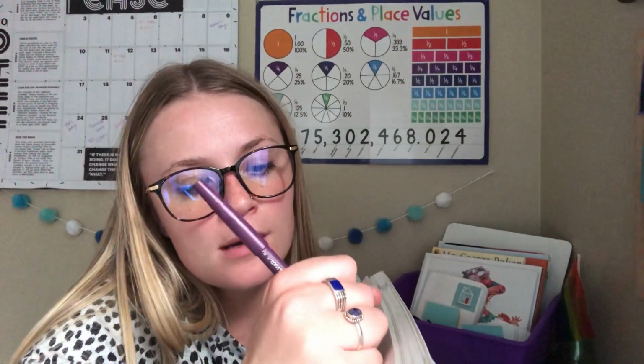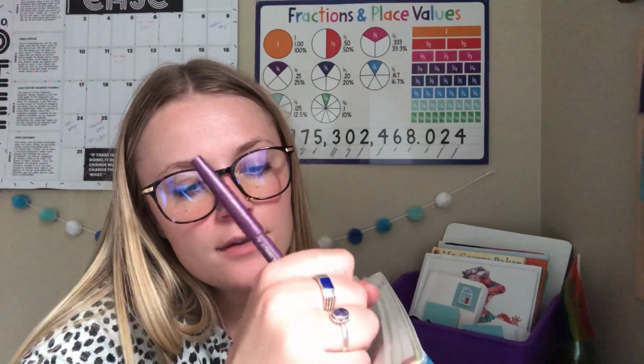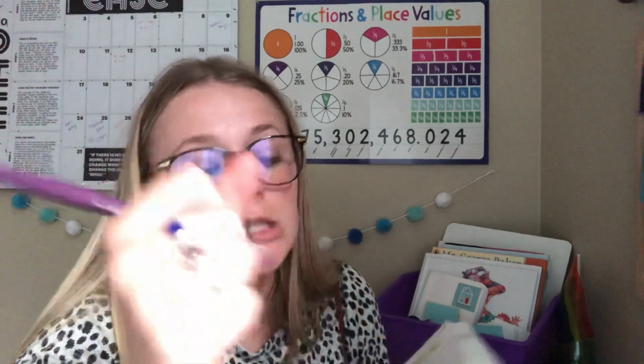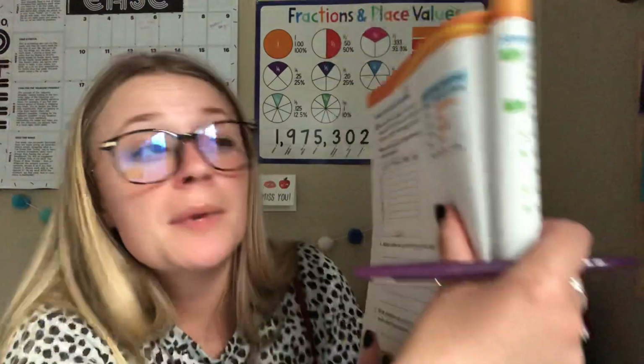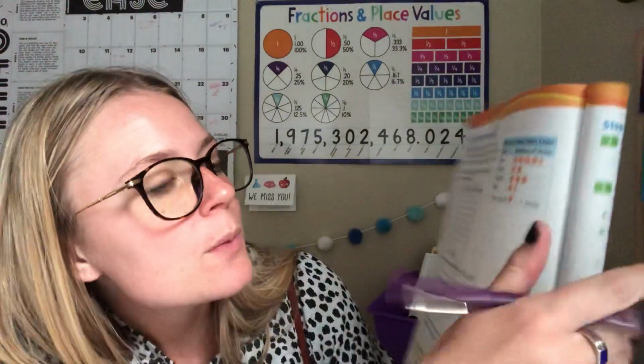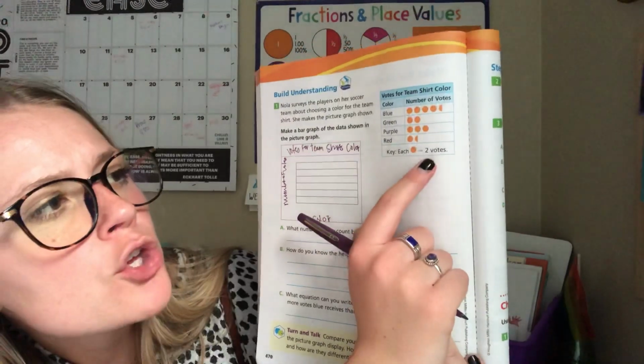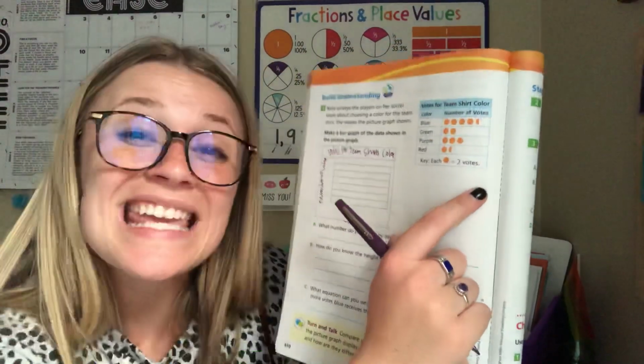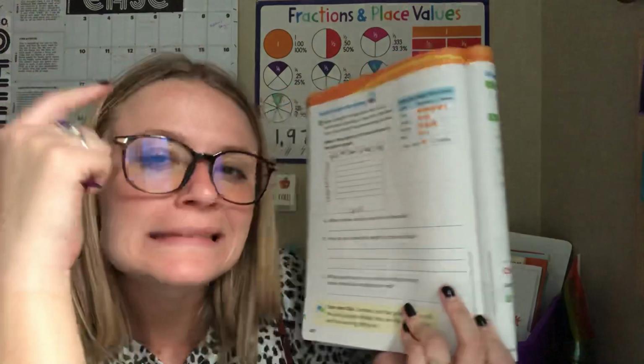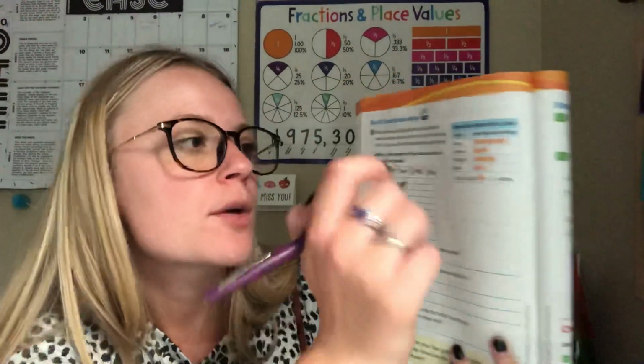So number of votes. So now I have to figure out the scale. How am I going to count by? Well, let's see, each circle represents 2 votes. So since the key is counting by 2, that's going to be something I think about. Maybe I should also count by 2 for my bar model.